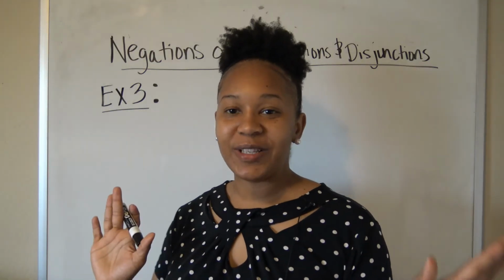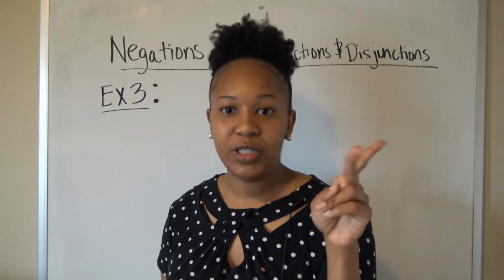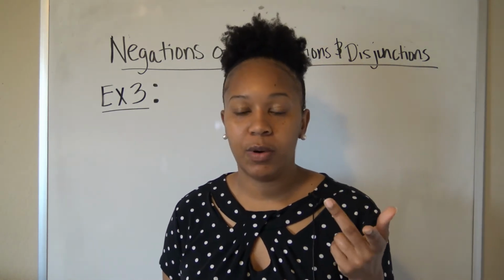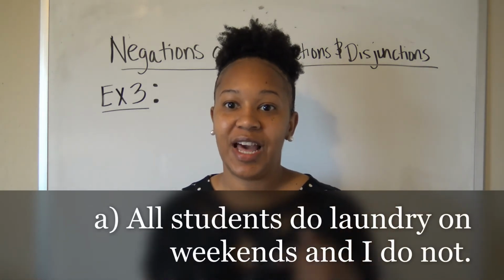Okay, let's do some more. So example 3, we want to write the negation for the following statement. So this one is going to have two parts to it. The first part is all students do laundry on the weekends and I do not.